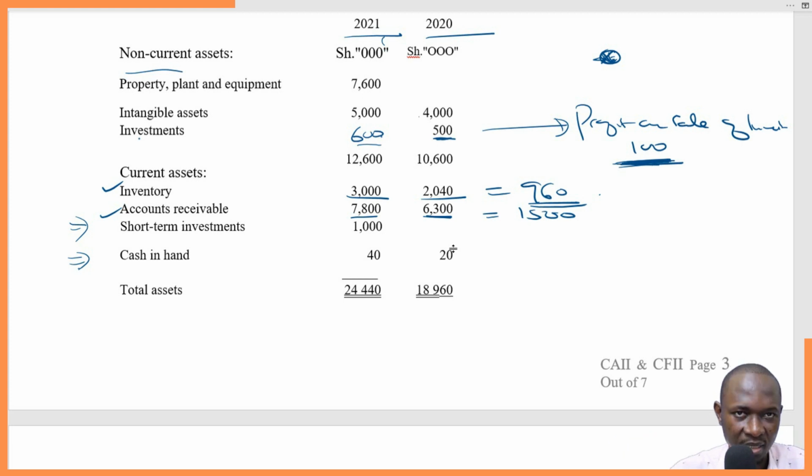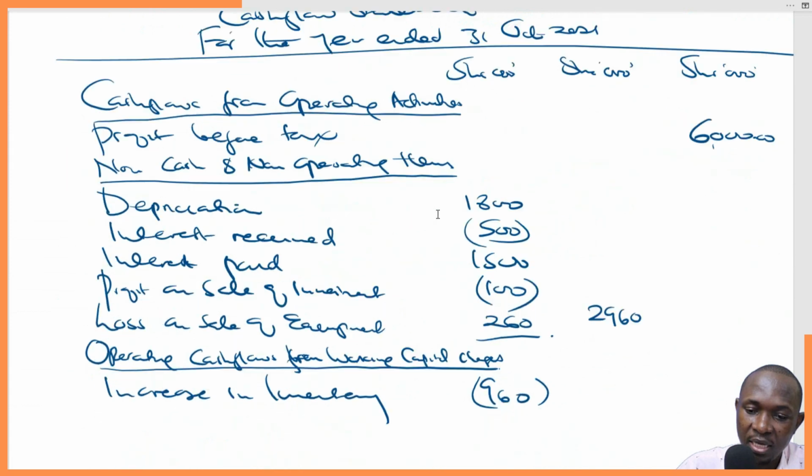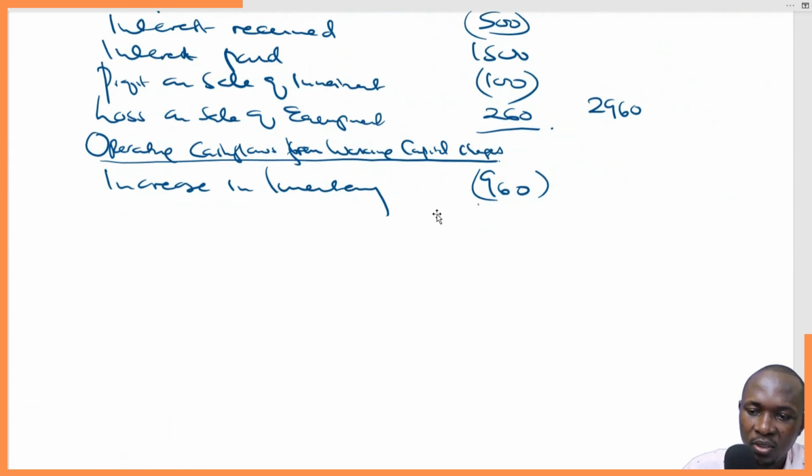So it's as good as saying that we spent, because they are holding our money outside there. So that means we have an increase in accounts receivable of 1,500, and this is our money which is outside. So we'll simply put it in brackets, increase in accounts receivable.